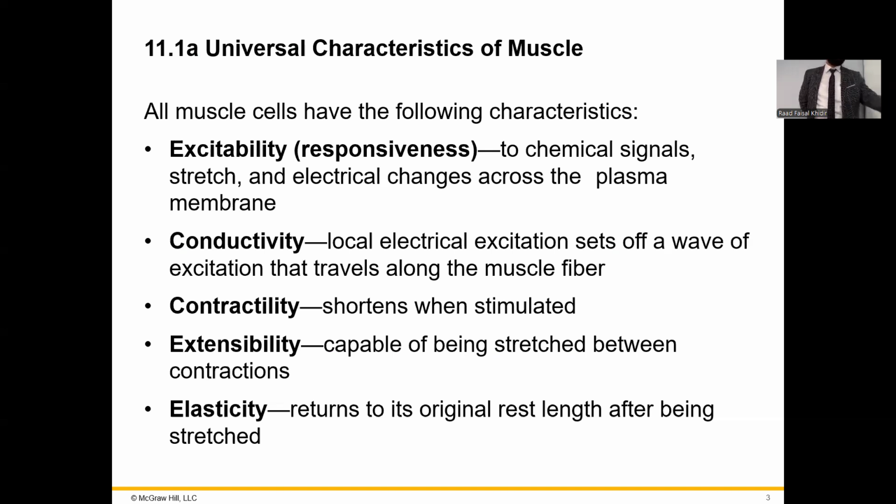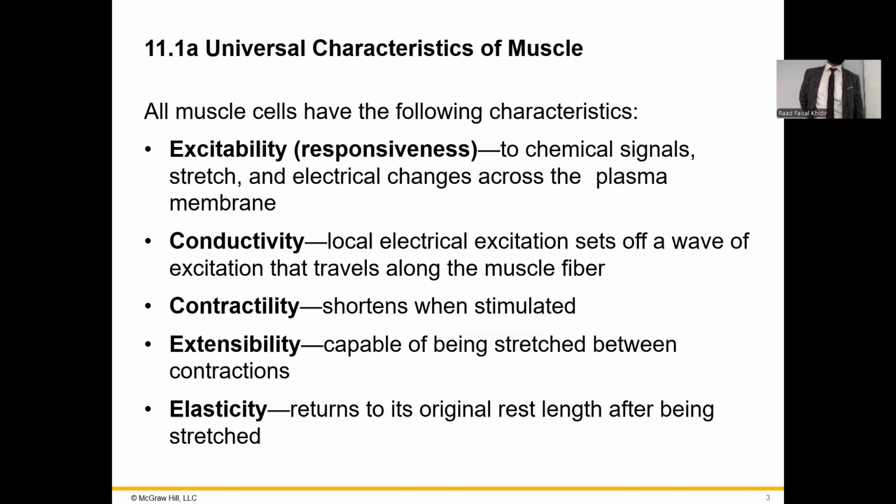Remember the thermoreceptor, the chemoreceptor, the osmoreceptor, the nociceptor. What are they going to do when they get activated? These receptors are going to cause the opening of the ion channels, allowing for an influx that's going to ultimately cause a depolarization. So the first property of muscle cells is excitability.